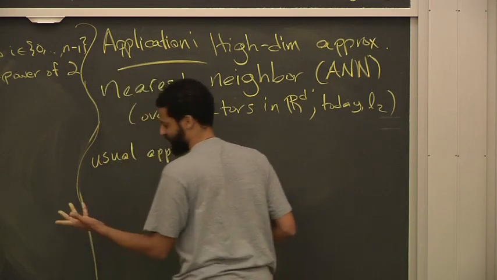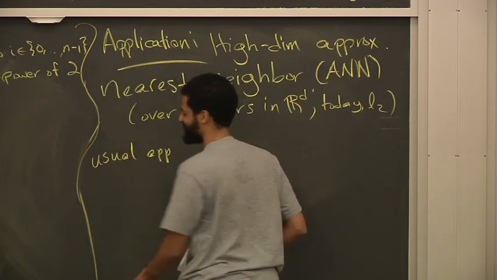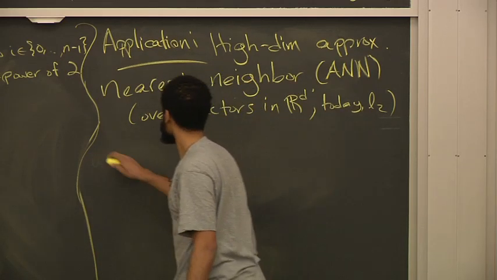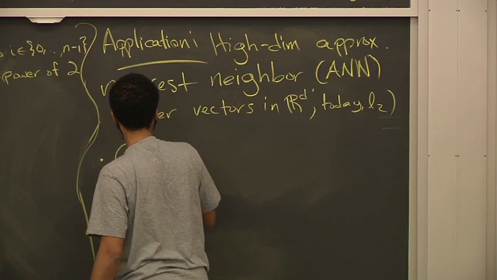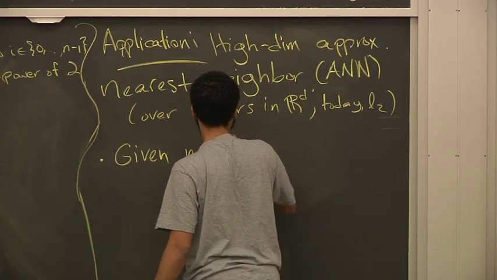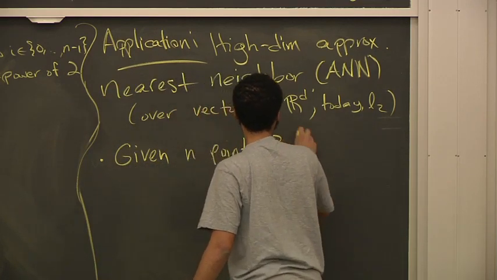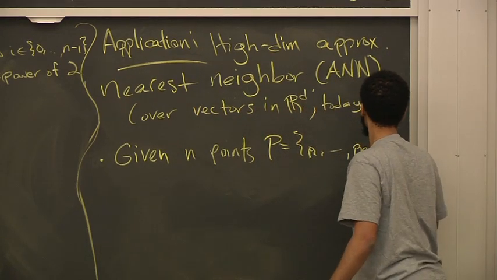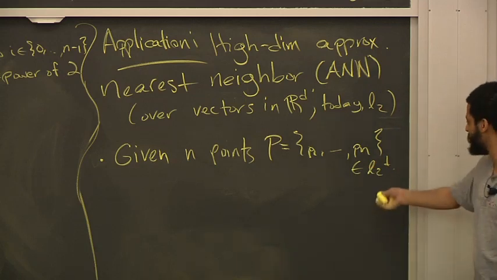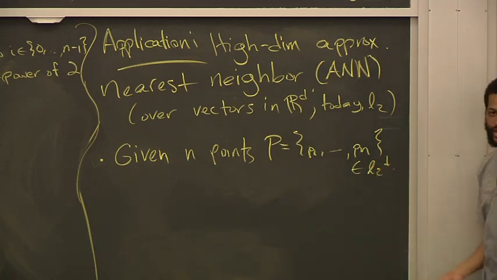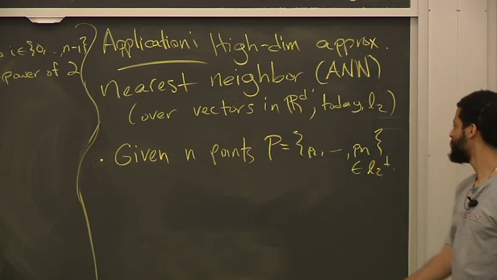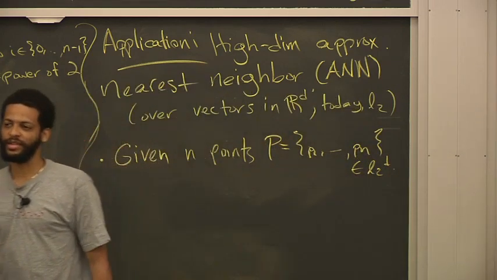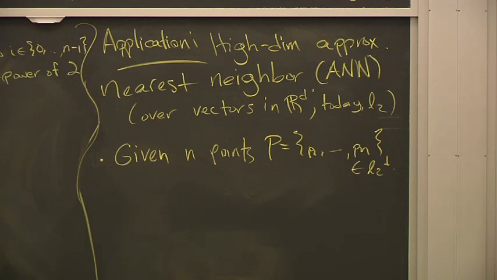Actually, let me define the problem. We're given n points, p_1 up to p_n, and they're each d-dimensional. It can be another distance, another metric. It doesn't have to be L2. Today we're going to talk about L2. And we have to create a data structure to store these n vectors.